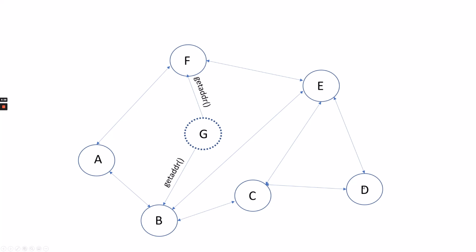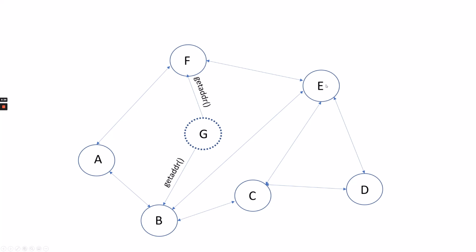D already told its neighbors about this transaction, so E heard it from D. Once E heard this transaction for the first time from D, it would have flooded the network as well, right? So E has presumably already flooded its neighbors like F and told them about this transaction. So when E again hears this transaction through this roundabout route, from D to C, from C to B, and then from B to E, it'll realize it's the same transaction.